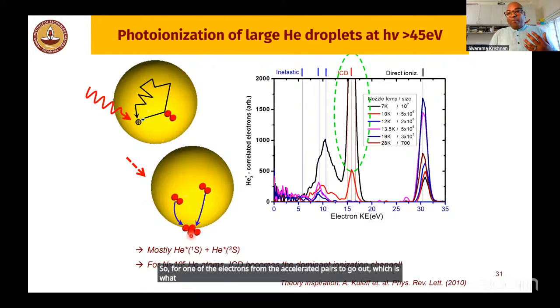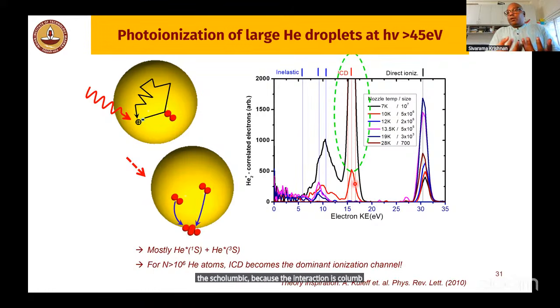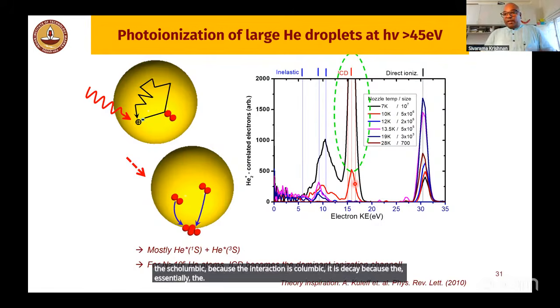So 40 minus 24.6 is about 15.6 electron volts, which is the interatomic Coulombic decay process. It is interatomic because it's happening across two atomic centers. It is Coulombic because the interaction is Coulombic. It is decay because essentially one of the electrons comes out.